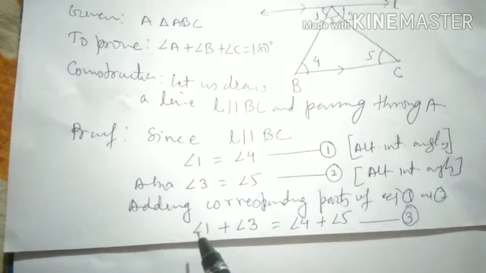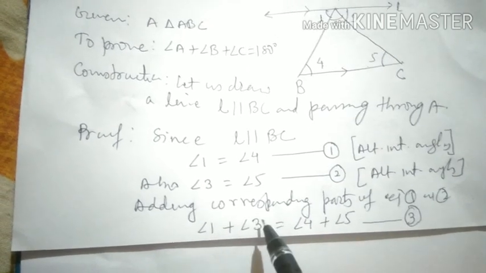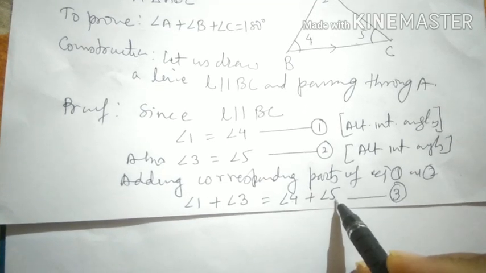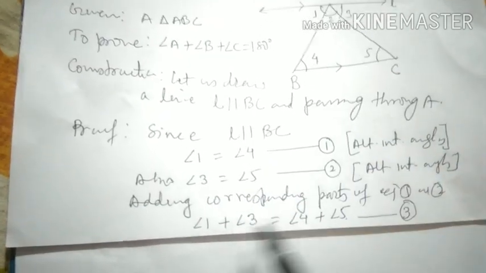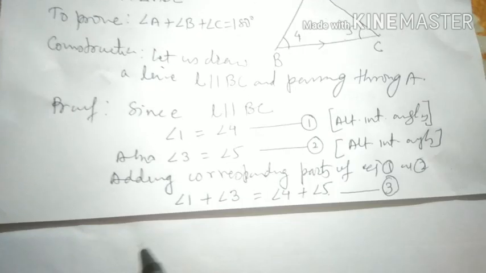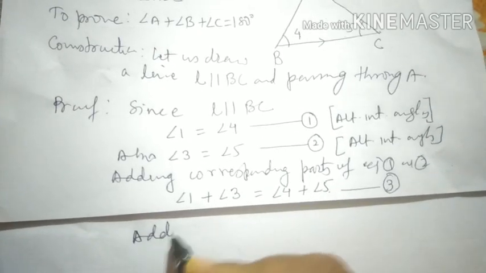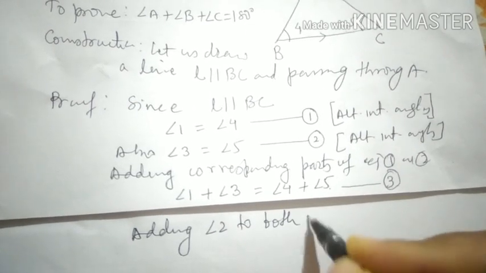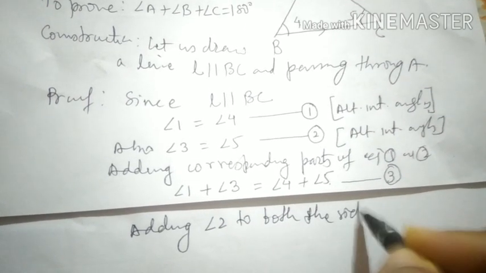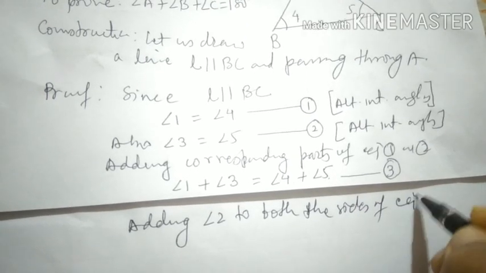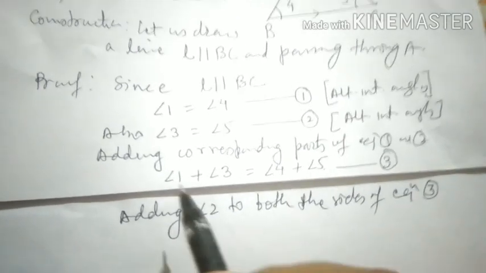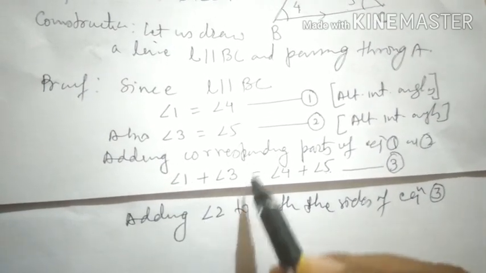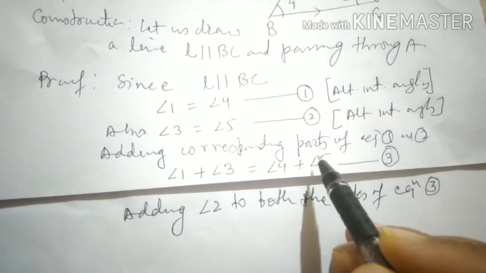So here we see that angle 1 plus angle 3 is equal to angle 4 plus angle 5. Now adding angle 2 to both sides of equation 3. If we add an equal number to both sides, they will again be equal.